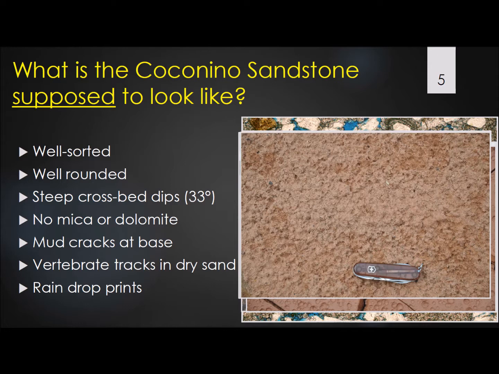In this slide up here, there's a little thin flake of muscovite, which is a type of mica, and there it is right there. The Coconino is not supposed to have this in it because this stuff is very soft and it disappears in a desert setting. In fact, there are a number of papers that say that we don't find muscovite or other types of mica in a desert setting.